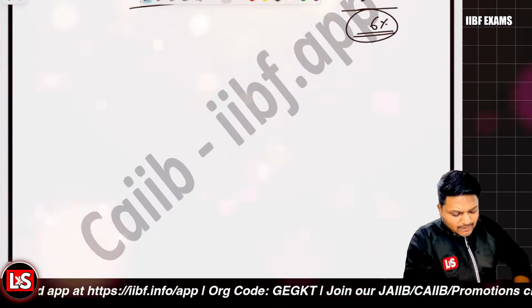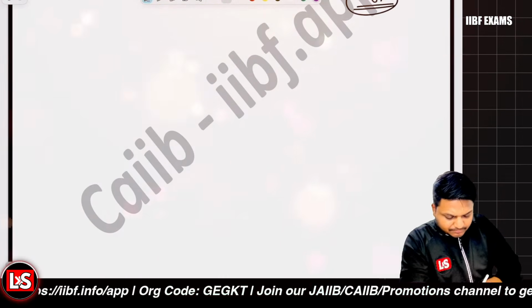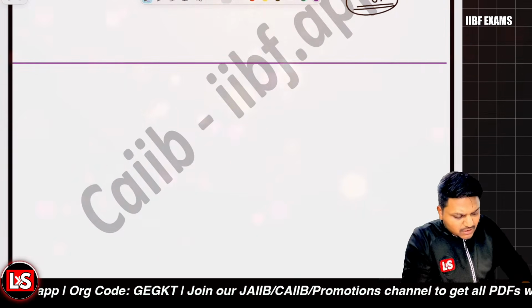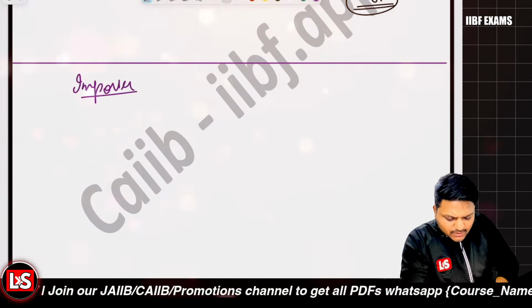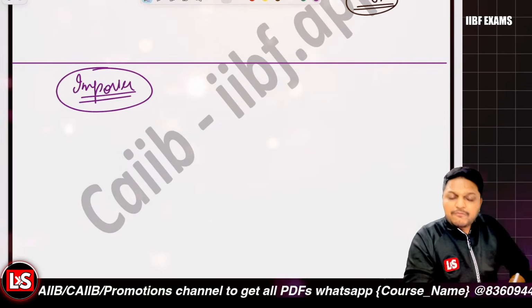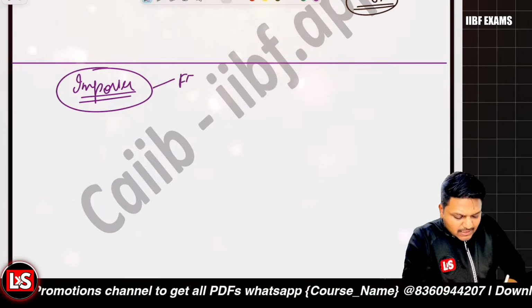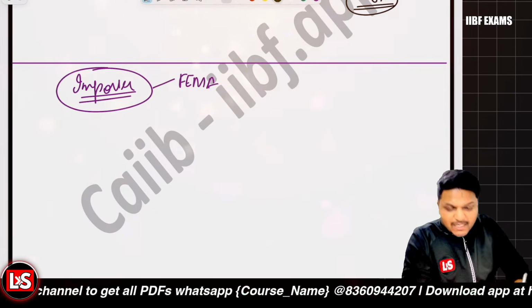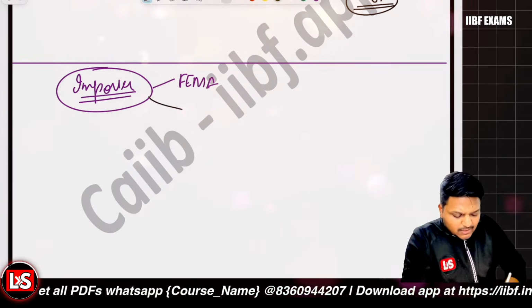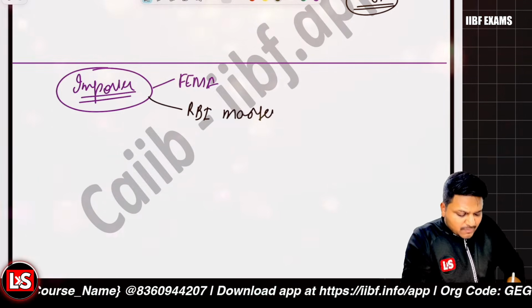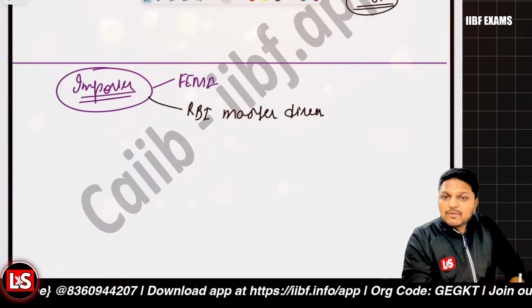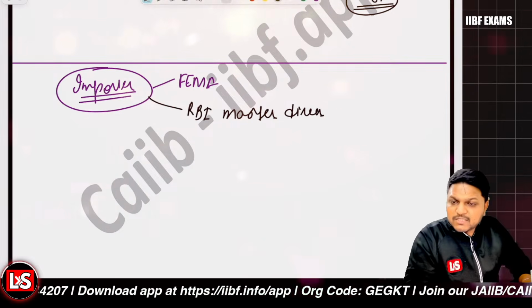And if you're talking about the regulatory framework for the importers, what is the regulatory framework? It is again the FEMA, that is Foreign Exchange Management Act. It's the RBI master directions, or simply the directions given by the Reserve Bank of India related to the import of goods and services.